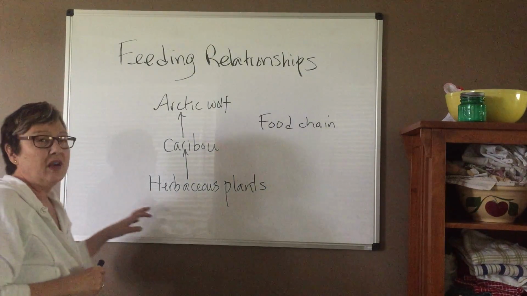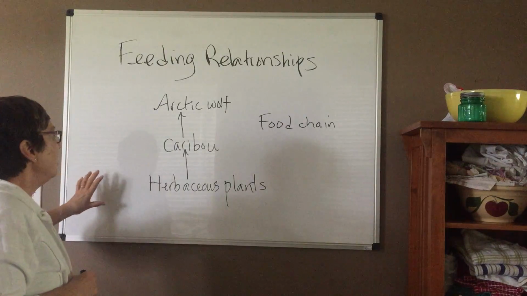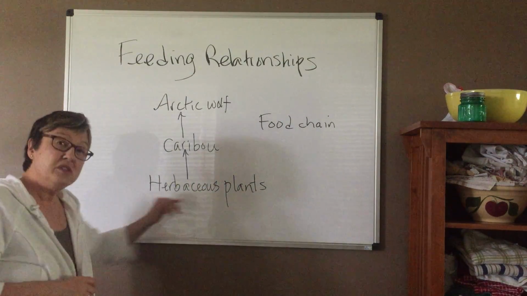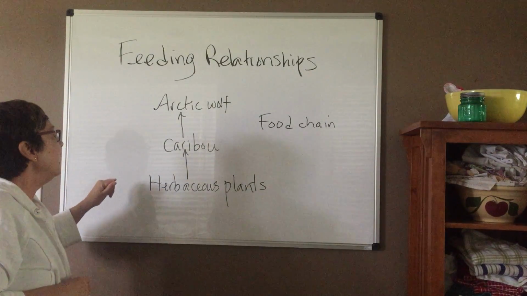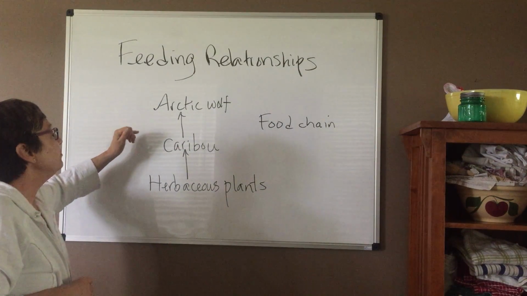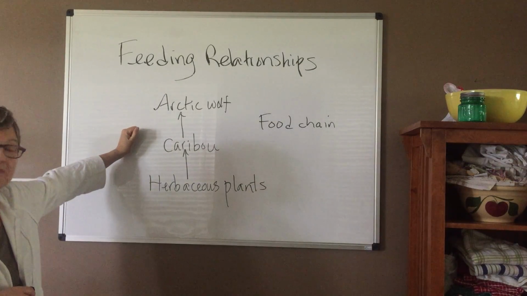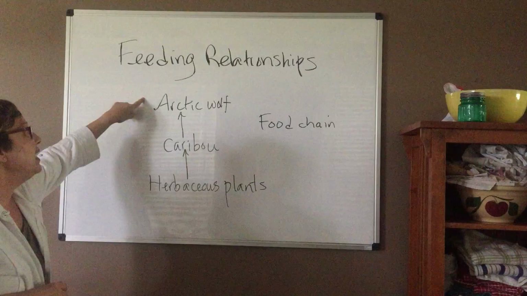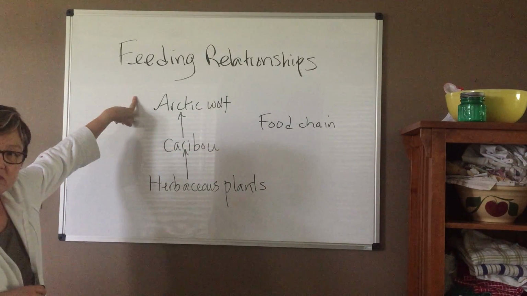So if we look, for example, at the Arctic, there are a number of herbaceous plants, in other words, non-woody plants, that are the food source for the caribou. The caribou, in turn, is a prey item for packs of wolves.